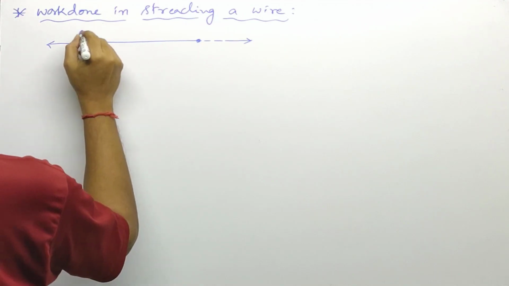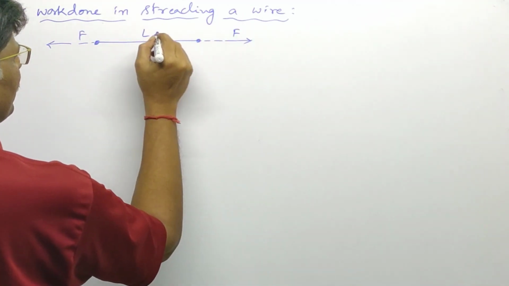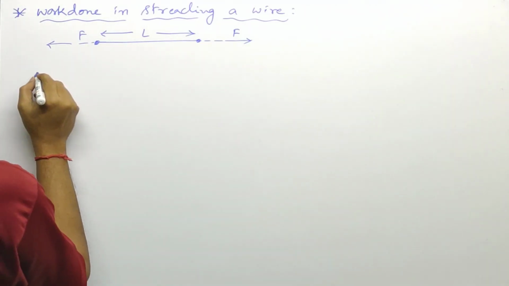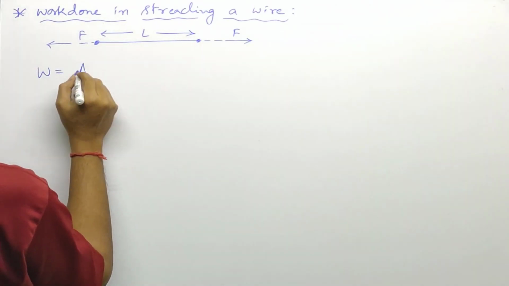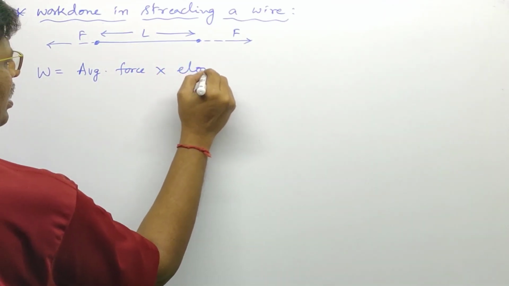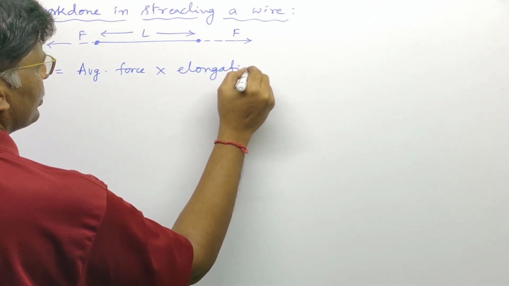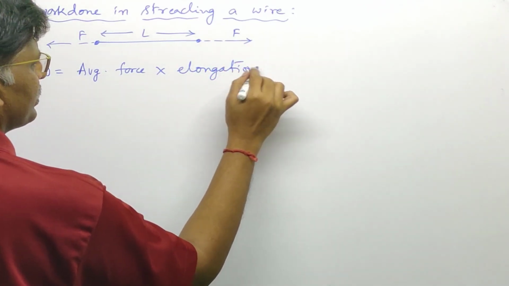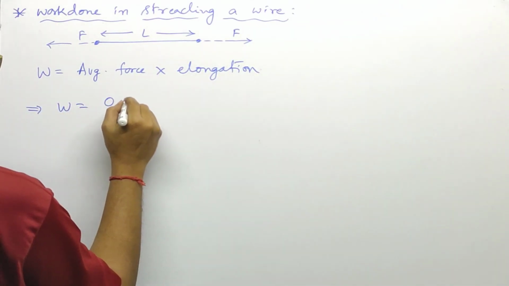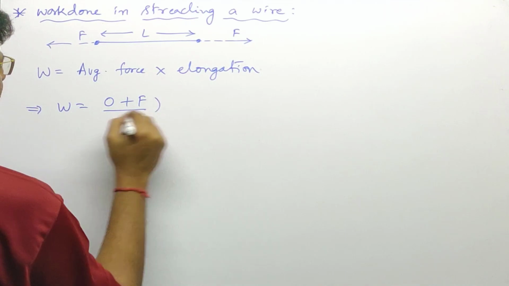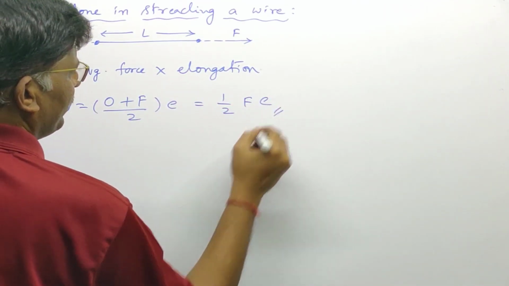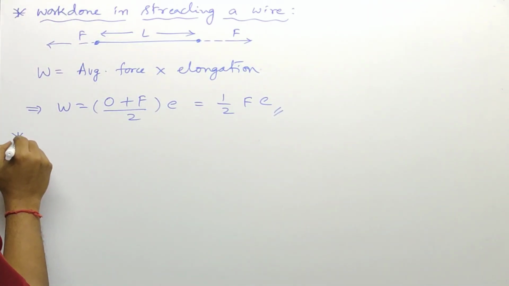Work done is equal to average force applied into elongation. So W is equal to average force, which is initial force 0 plus final force divided by 2, into E, or that is equal to half F e.